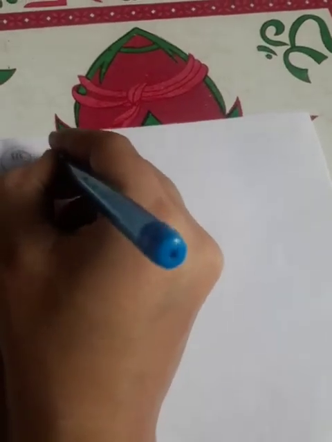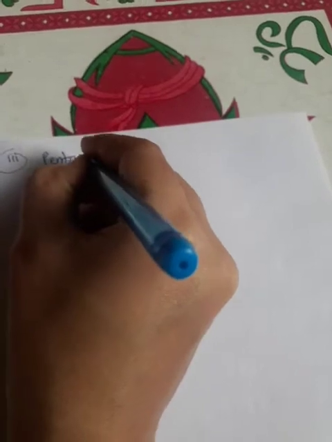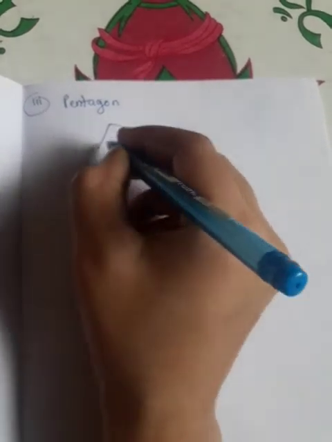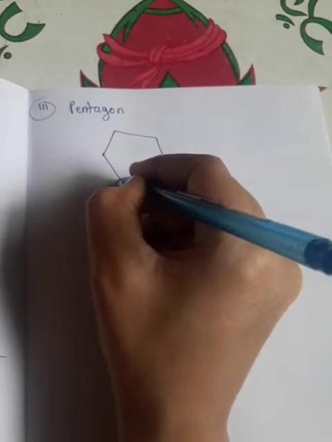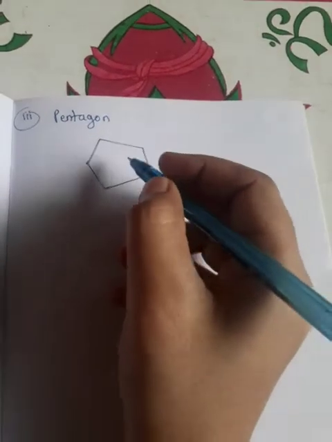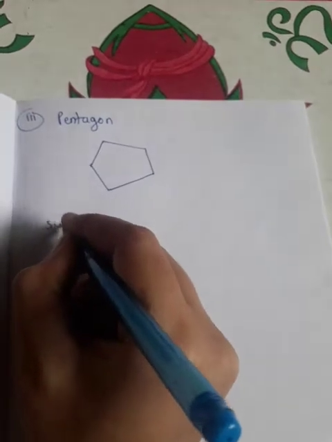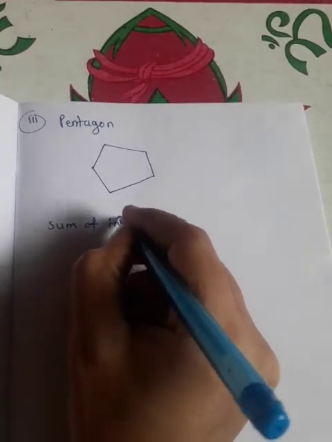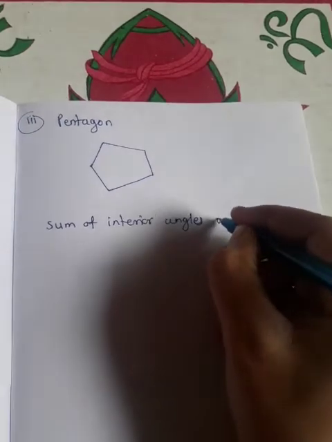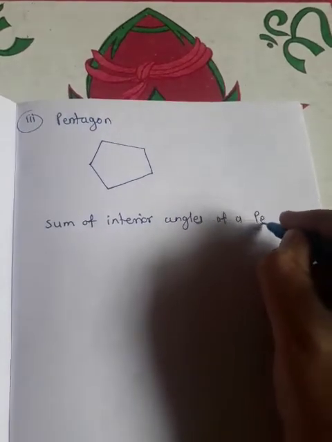Now let's see, the third polygon is the pentagon. First we draw a pentagon. We know a pentagon is a polygon with 5 sides. Draw any polygon with 5 sides: 1, 2, 3, 4, 5. Now we have to find the sum of interior angles of a pentagon.